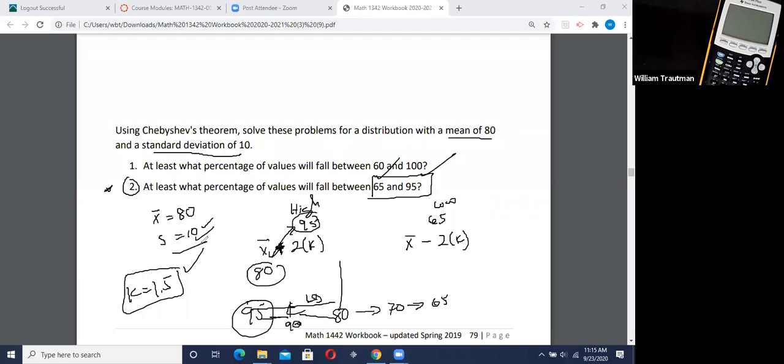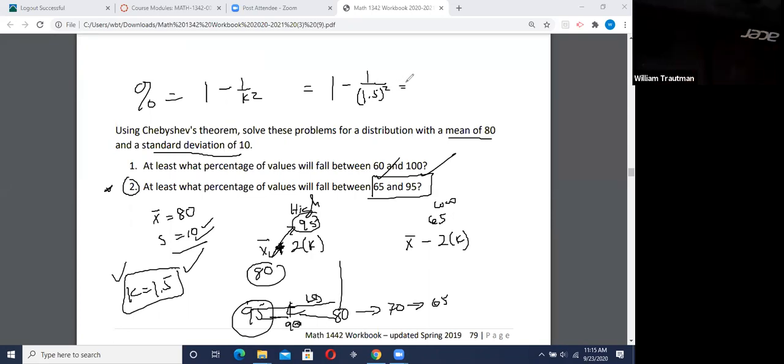So we're not done. It says we need to find the percentage. And the formula for percentage was 1 minus 1 over k squared. K was 1.5 standard deviations away. So let's put this into our calculator. That's the decimal equivalent, then you have to multiply it by 100. 1 minus 1 divided by 1.5 squared.